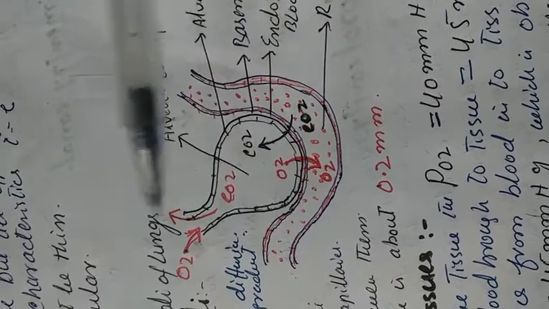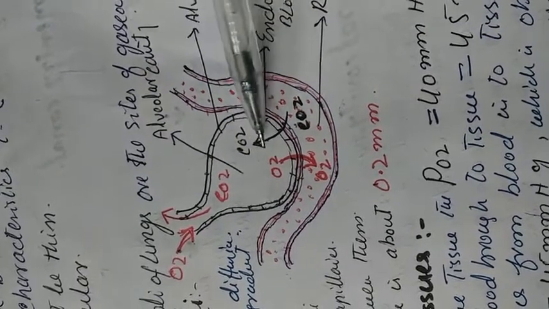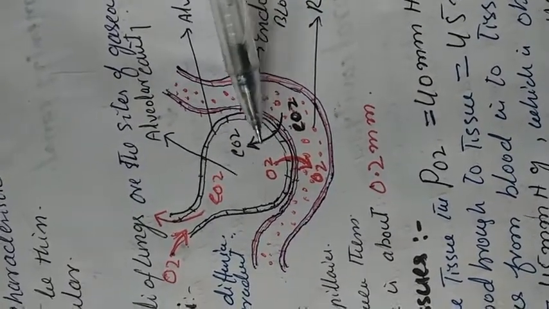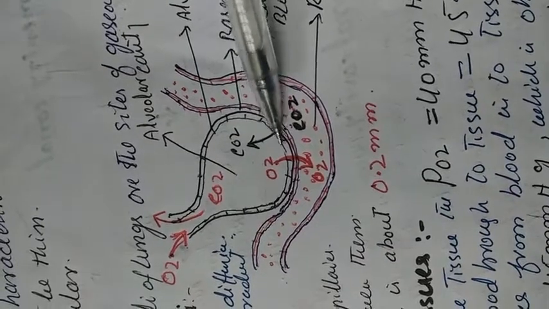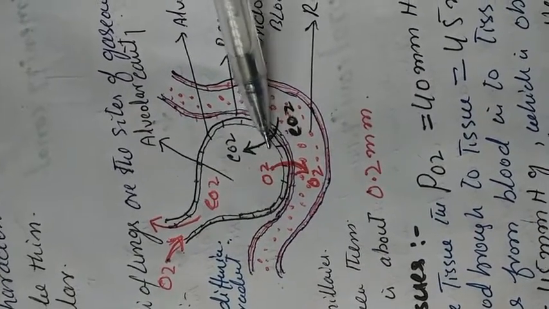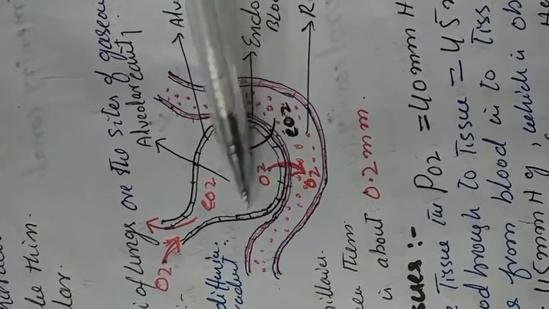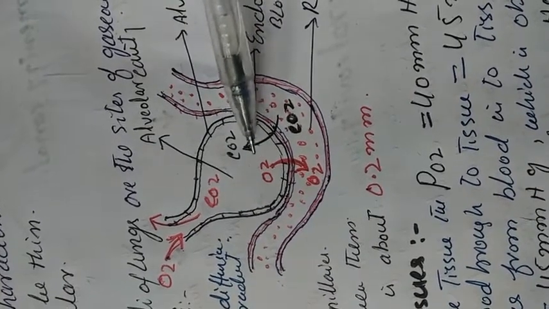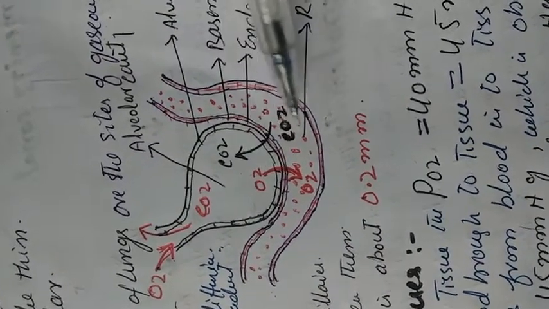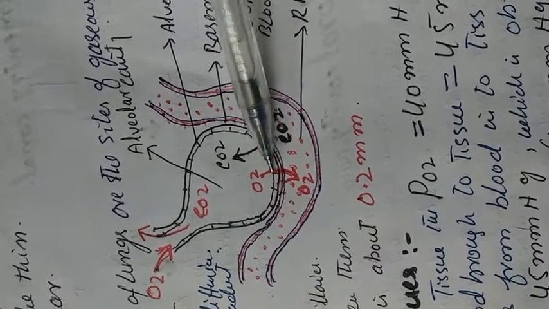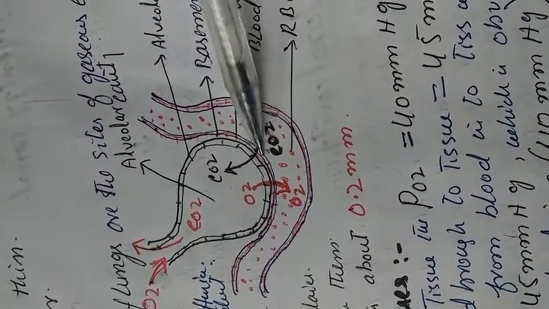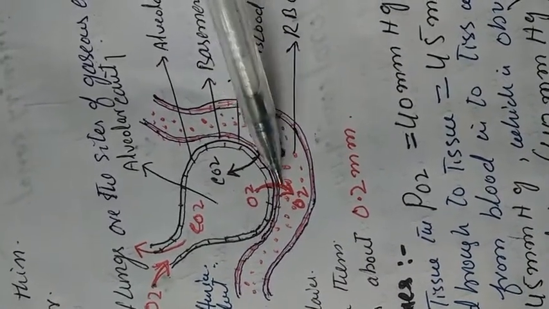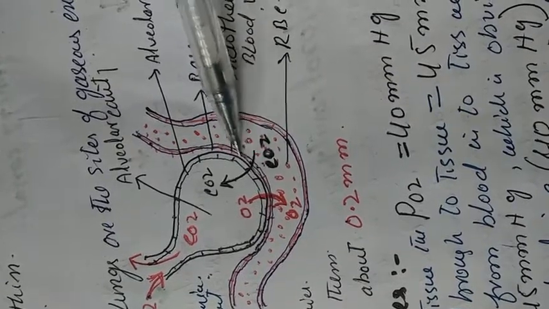And diffusion membrane is actually made of three major layers. First layer is this squamous epithelium of the alveoli. Second layer is the endothelium of alveoli, endothelium of the blood vessel. Walls of the blood vessel is known as endothelium.